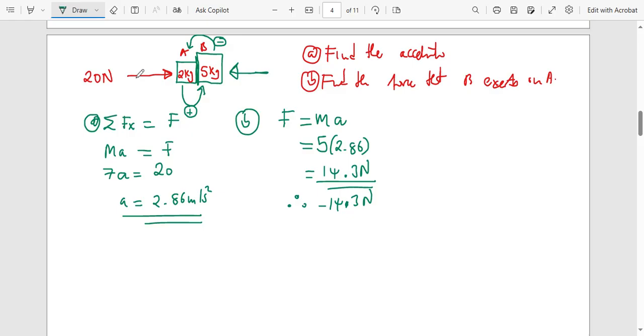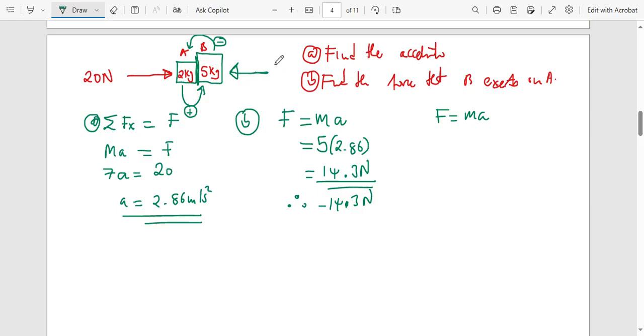If, let's say, this 20 newton force was being applied in this direction and not in the direction of A, if we wanted to find the forces these boxes exert on each other, we would still say force is equal to mass times acceleration. But in this case, the 5 kg box is pushing the 2 kg box. And when you're using the formula force equals mass times acceleration, you always use the mass that you are pushing, not the mass that is pushing.